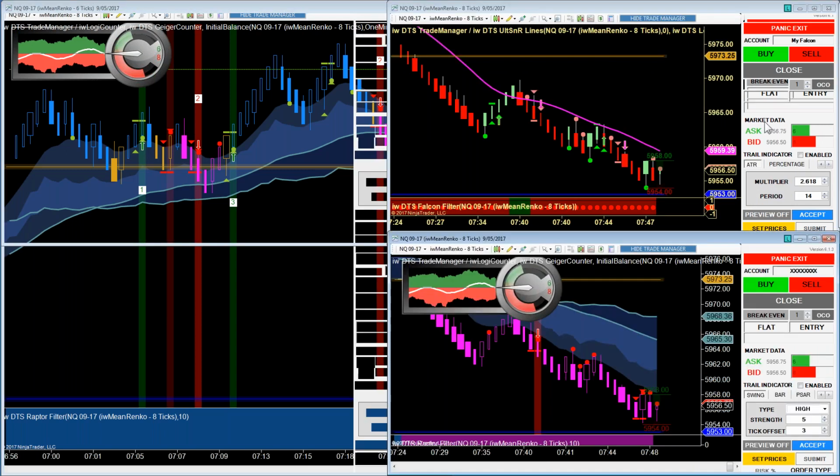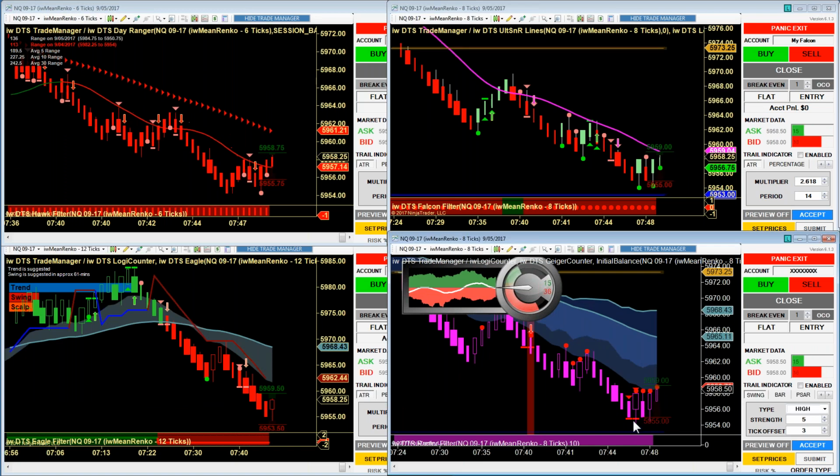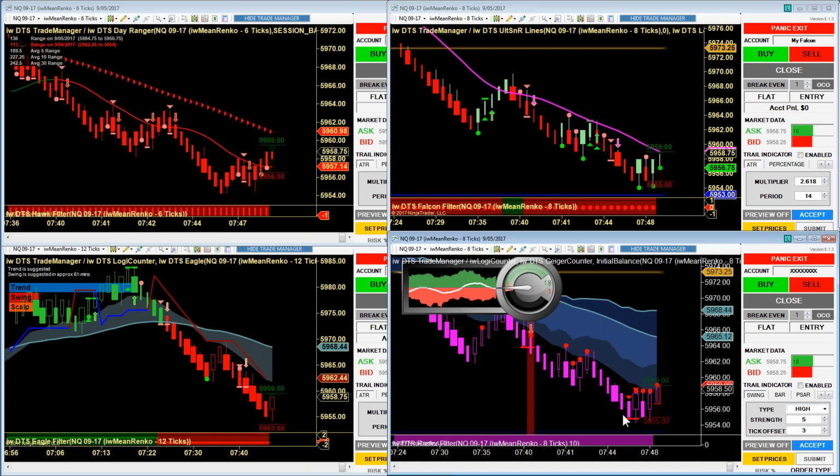Well, we're just kind of stuck now. Seems the market's not wasting much time getting to the support and resistance areas, and then it drags its feet for 10-15 minutes before doing something again.